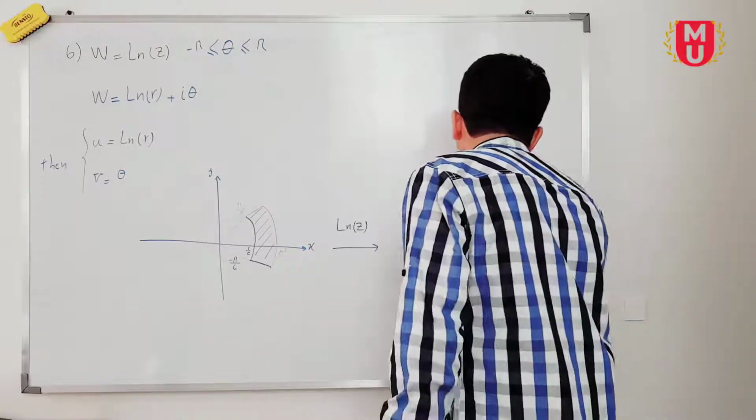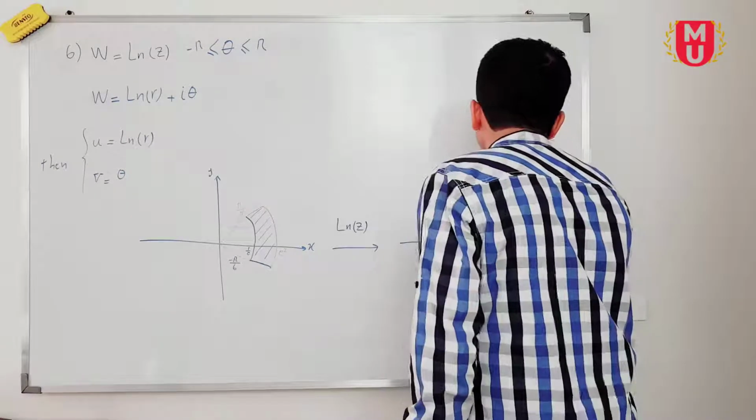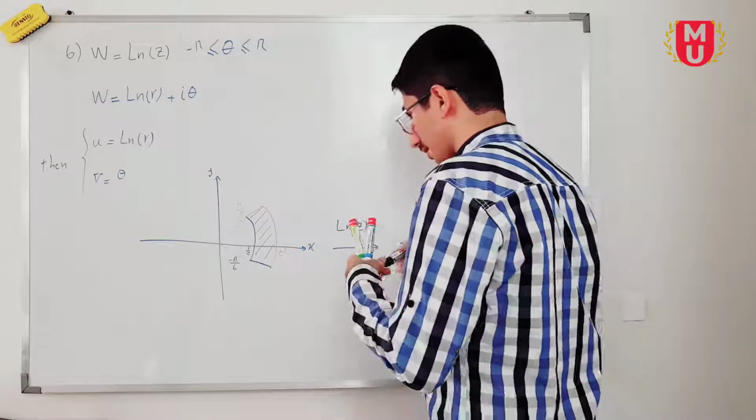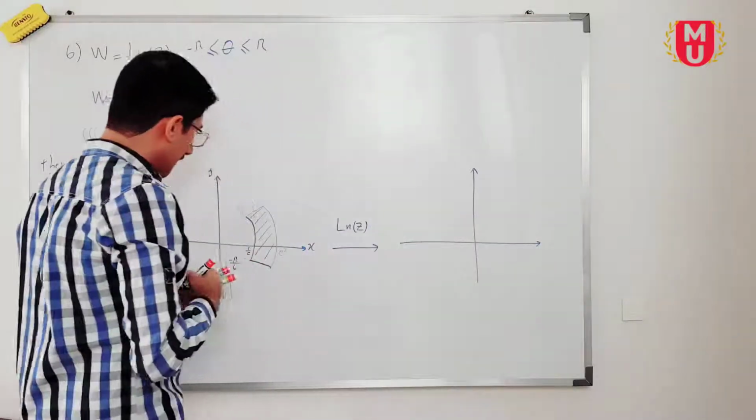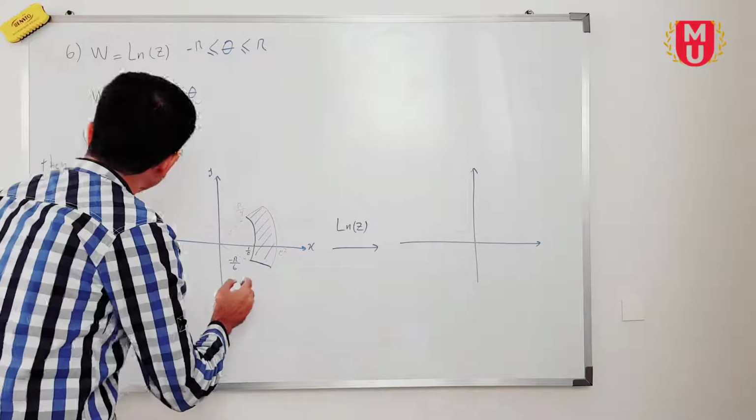We just cut it into smaller pieces. This pink color line, just write down the characteristics.